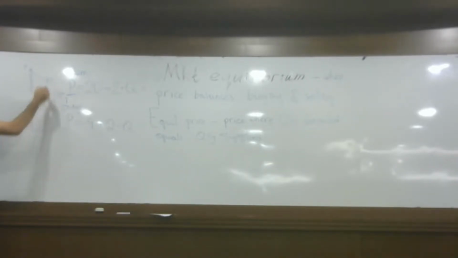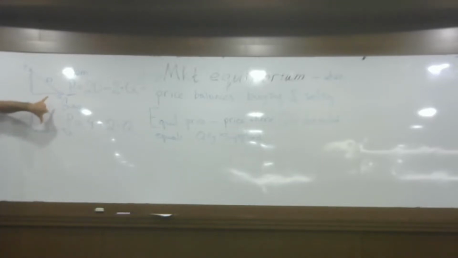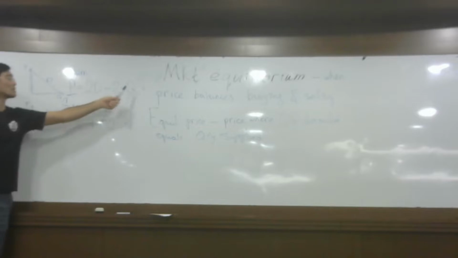That's demand, that's supply, quantity, price. For different prices over here, the actual quantity supplied will be different, right? So equilibrium price is simply the price where these quantities are the same, right? So we just want to find one price where quantities are the same.